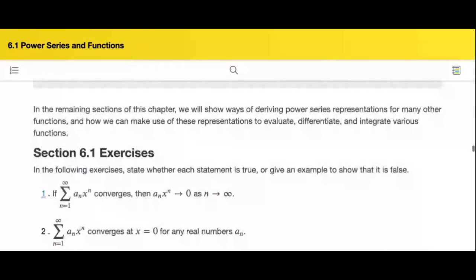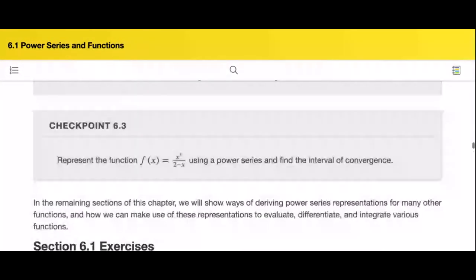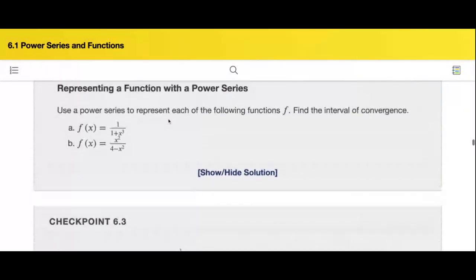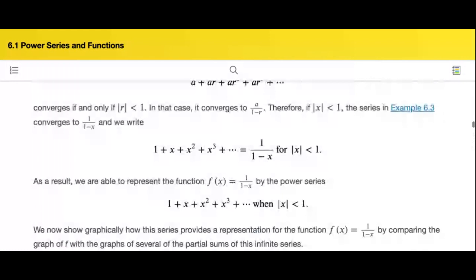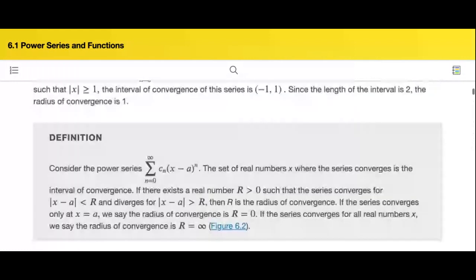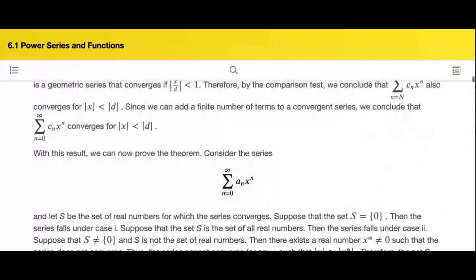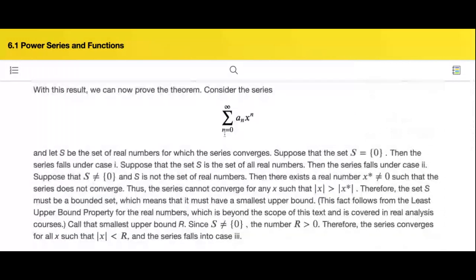Remember geometric series, we know a little bit. So see, a power series is in this form. Well, this one n starts from 0, so we call n the index variable.